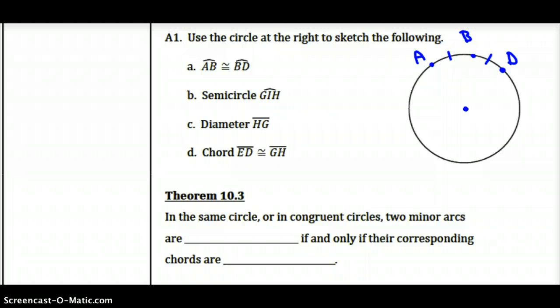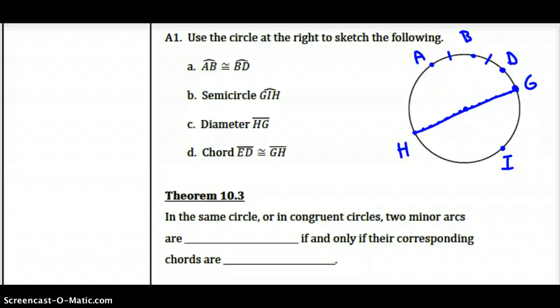So I'm going to go ahead here and drop in what looks to be a diameter, G, I, and H. Okay. Diameter HG, which I guess I have here, so I can darken this in now. And chord ED is congruent to chord GH.